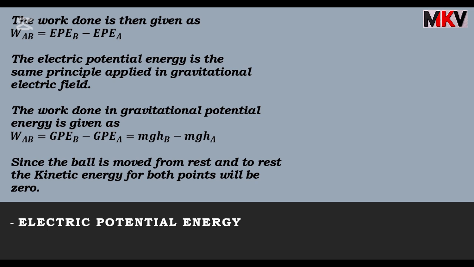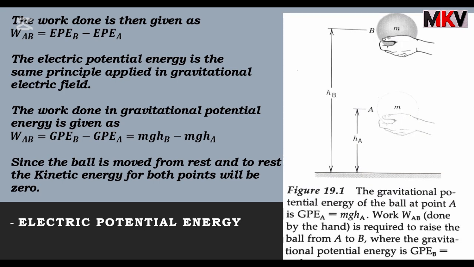So electric potential energy follows the same principle applied in gravitational potential energy. So if you look at this diagram, moving an object to a height is working against the gravitational force, so there will be work done.